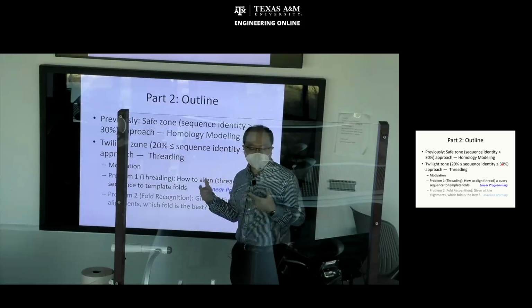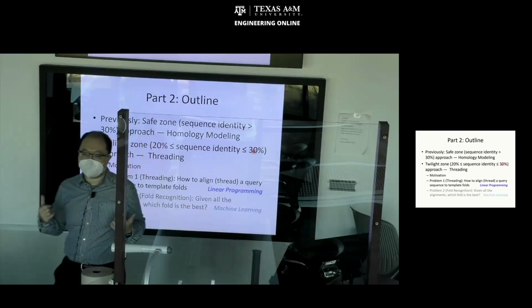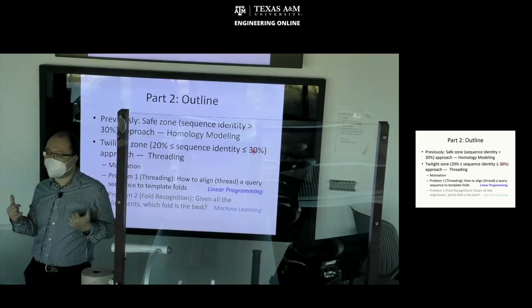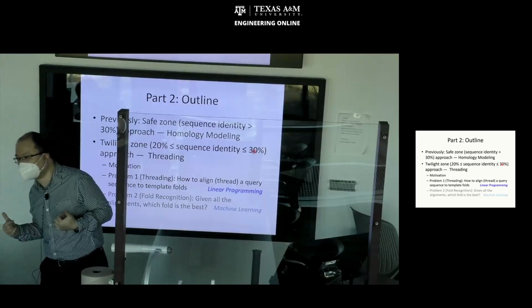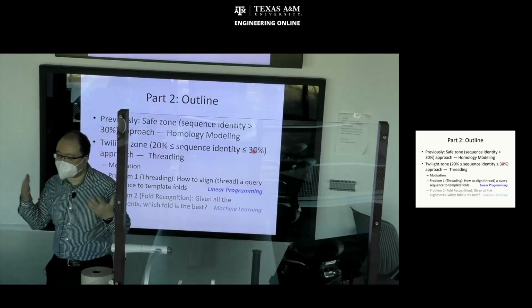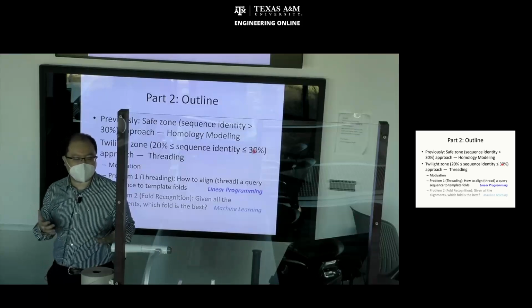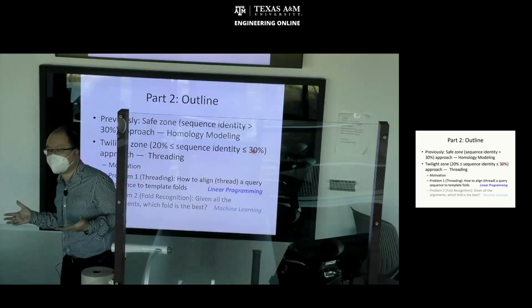So I'm asking you the following question, right? In this case, what data hasn't been used and can be used? Let's start with the earlier question. What data has been used so far? In the case of the safe zone homology modeling, what data has been used?